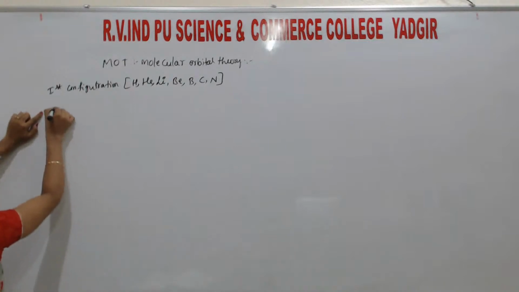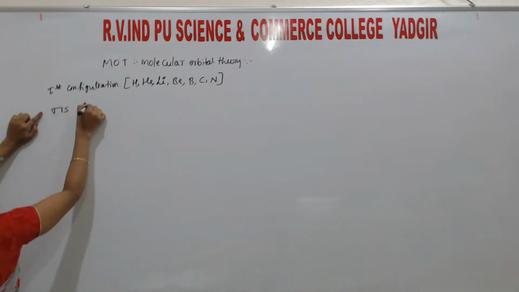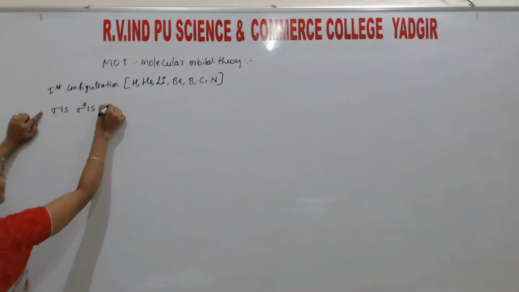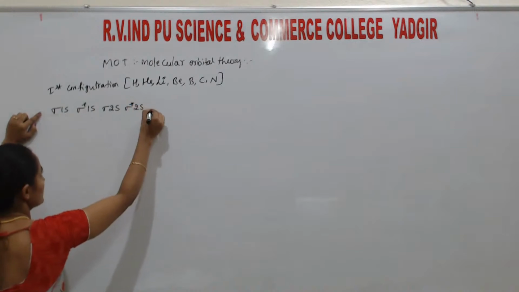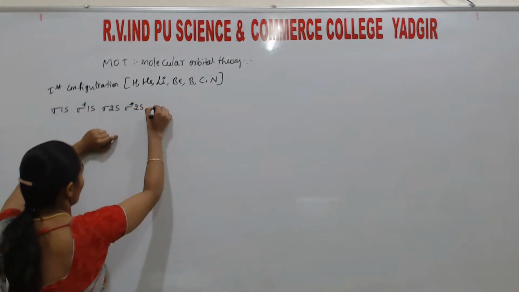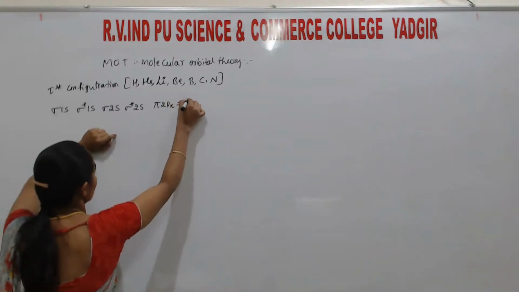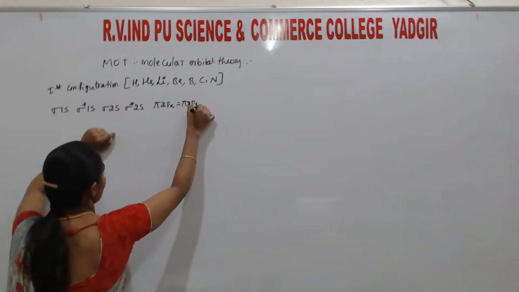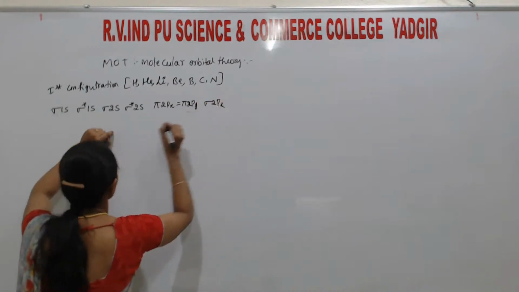The first one is sigma 1s, sigma star 1s, sigma 2s, sigma star 2s, pi 2px equal to pi 2py, sigma 2pz.